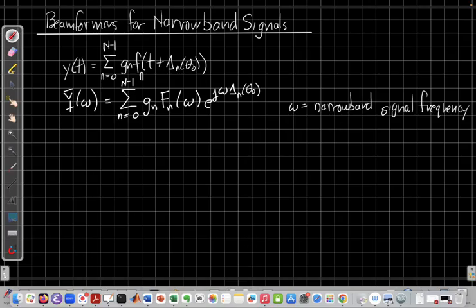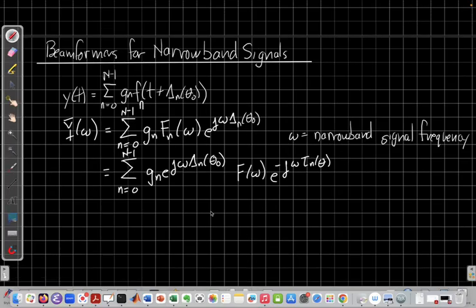At the same time, we saw in the video on replica vectors and earlier that these f n of omegas are just different delayed versions of the same signal, and that the replica vector captures that. So we can do a bunch of stuff here together to simplify this sum. Let me do the first step of collecting the array weight.